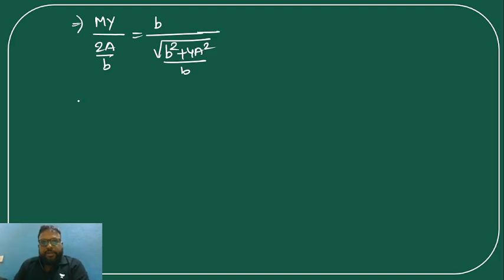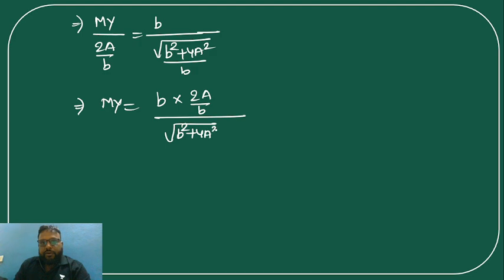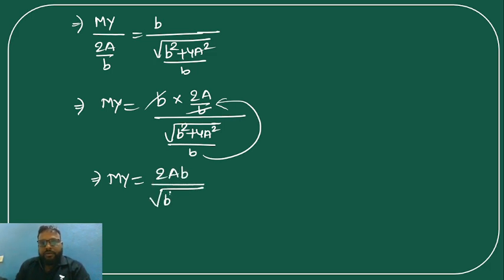Okay, so now I have to find out the value of my from this. My is equal to this 2a by b goes directly to the numerator. So I'll get b into 2a by b by under root of b square plus 4a square by b. This b cancels and comes directly to the numerator. So what I'll get? My is equal to 2ab by under root of b square plus 4a square.